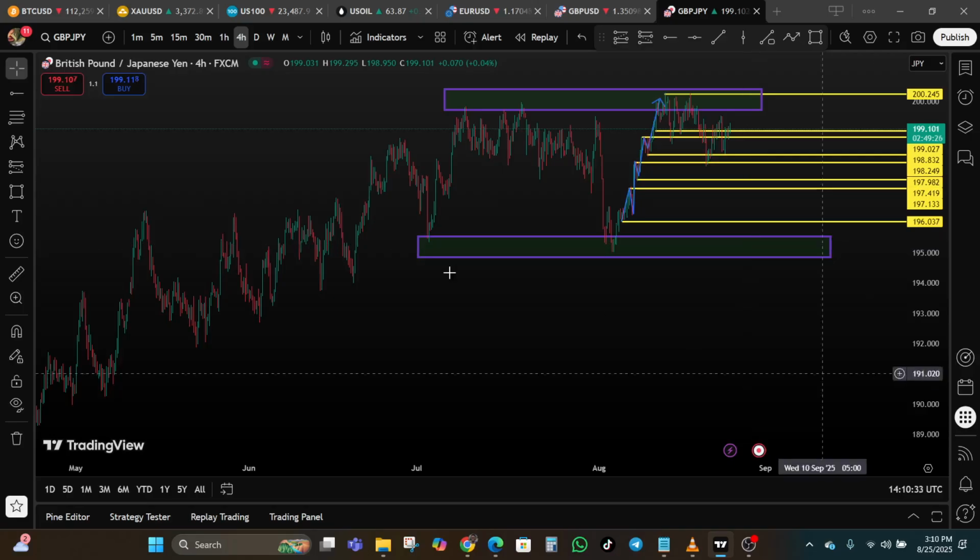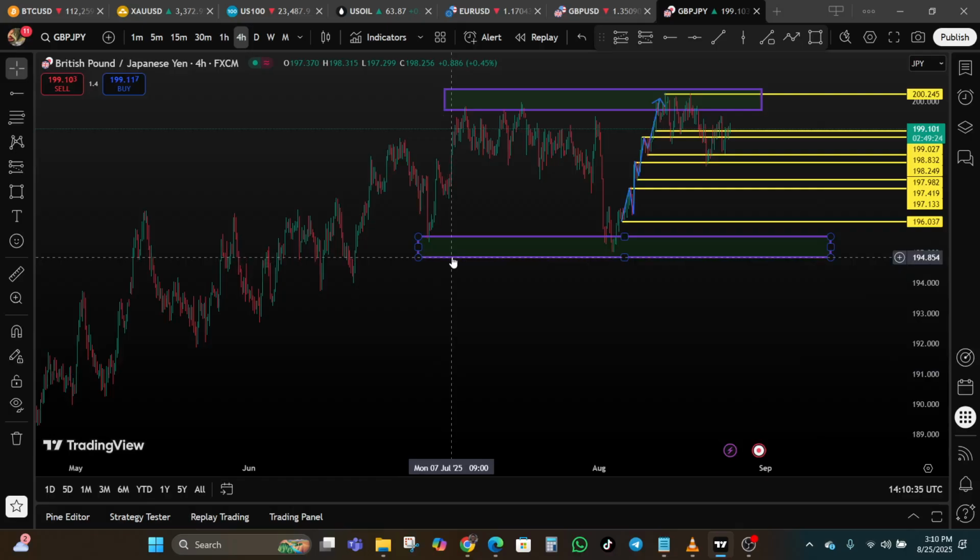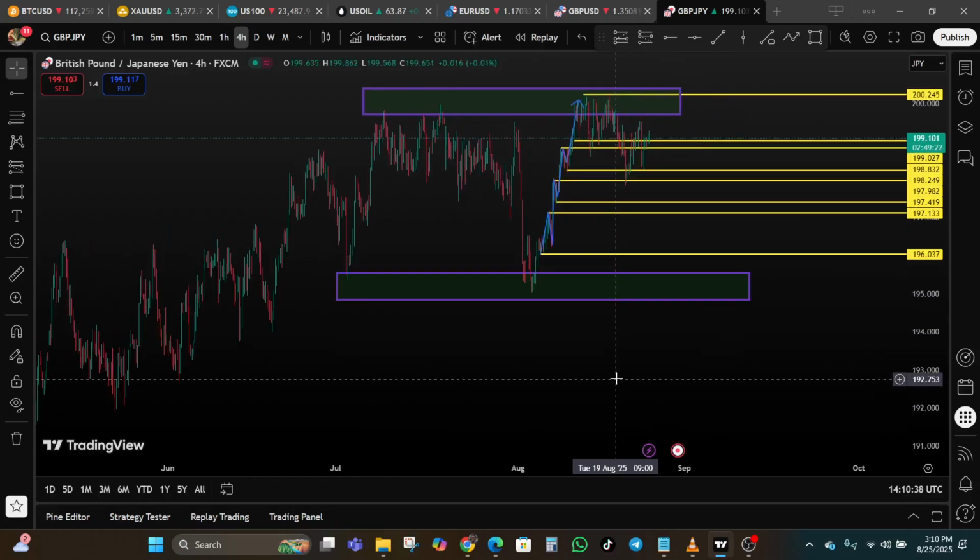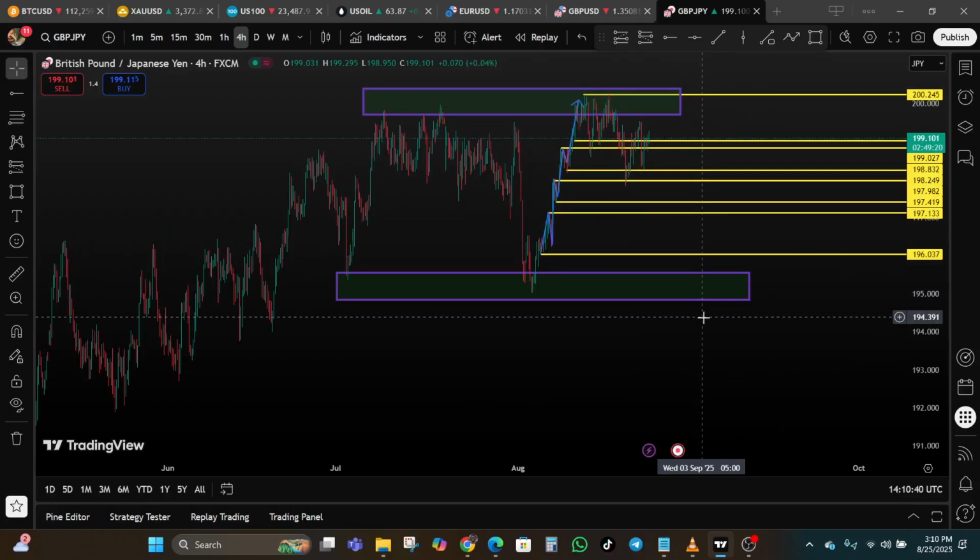The entry and exit process on the H4 is straightforward. Once the market approaches a key level, you wait for confirmation. This could be a candlestick rejection, a break in structure, or momentum shifting in your favor. Exits are just as simple.